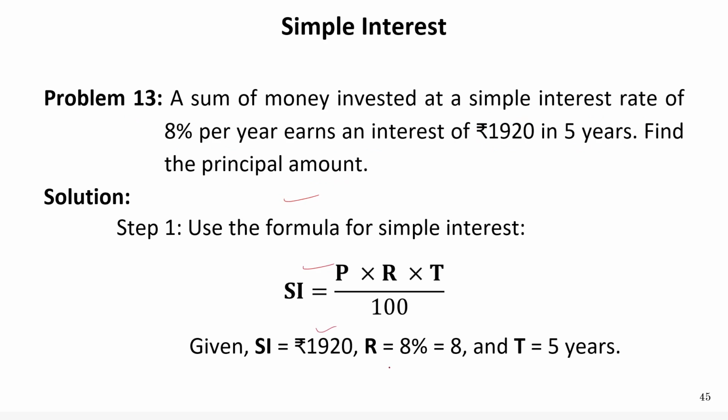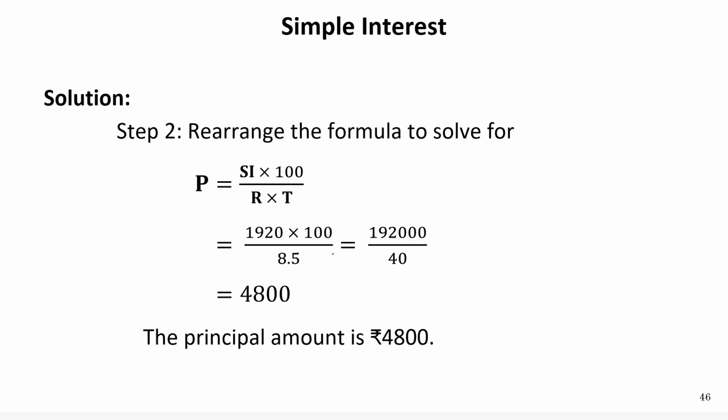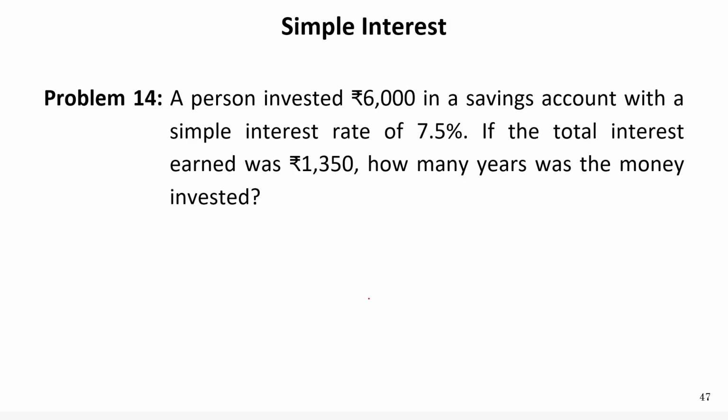Since SI is given to us, this implies that P is equal to SI into 100 by RT, right? So SI into 100 by RT is equal to 1920 into 100 by 8 into 5. So this is equal to 192,000 by 40, which is equal to 4800. So the principal amount is 4800.